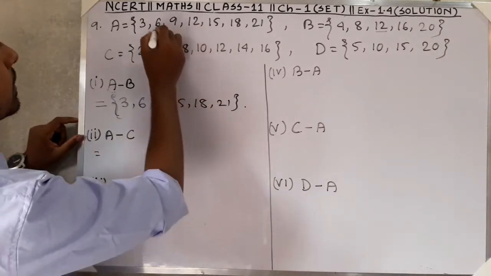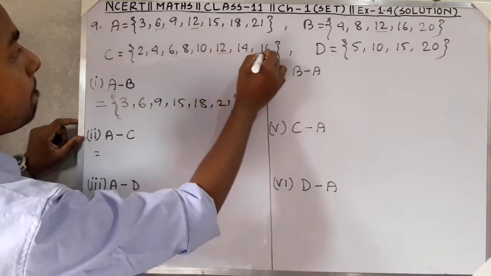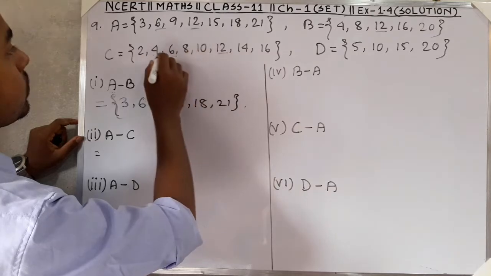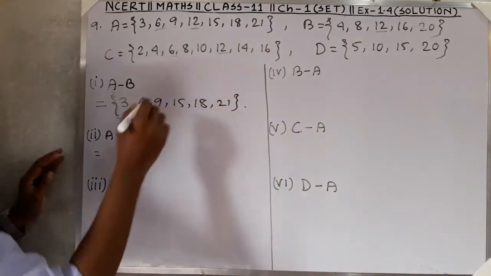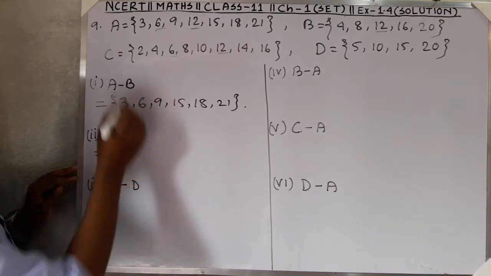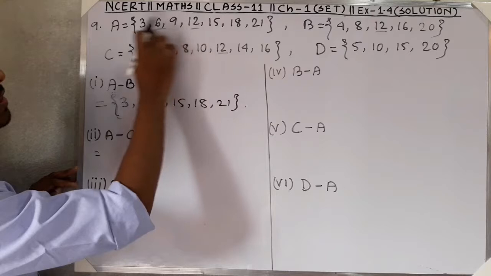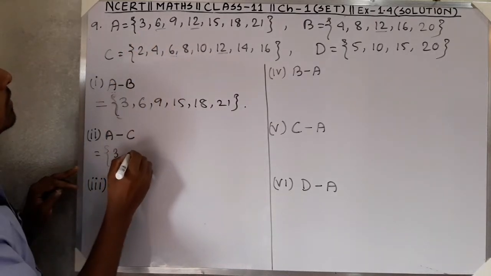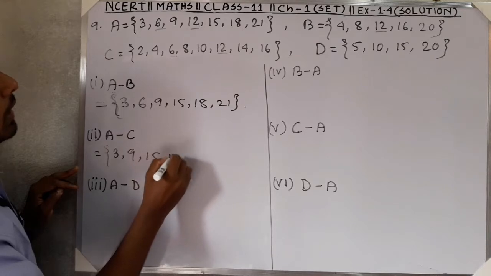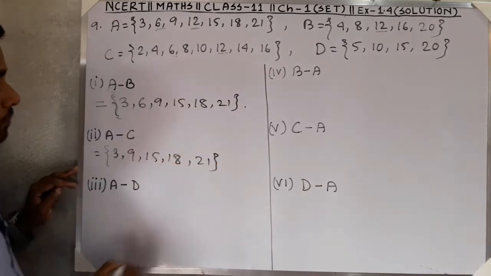Okay, 6, then 12, then 2, 4 not, 10 no, 14 no, 16 no. So what elements have we got? A minus C means all the elements of A except the common elements of A and C only. So 3, 9, 15, 18, then 21.